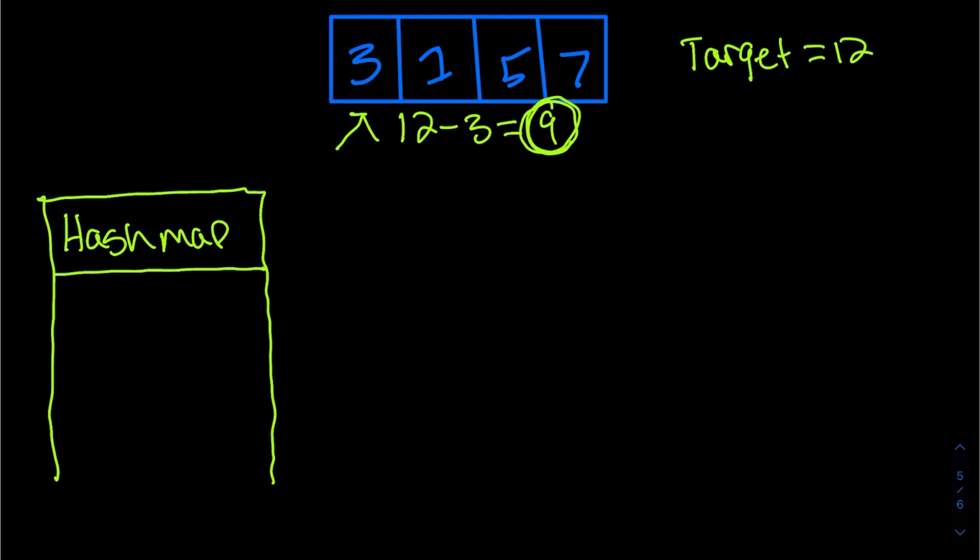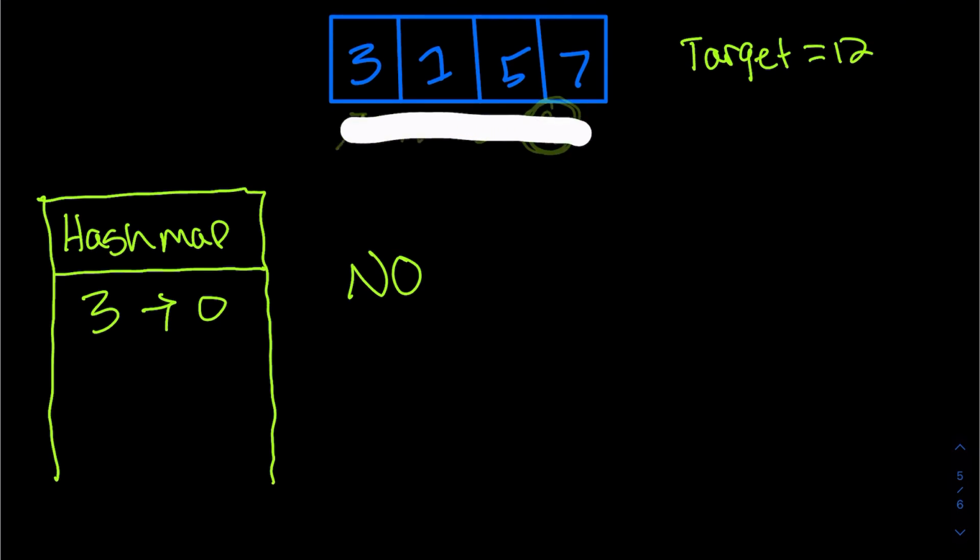Or is 9 in our hash map? And the answer is no. So what we do is add the current value, which is 3, to our array and map it to its index, which is 0. And we're mapping it to the index because we have to return the index at the end of this problem.